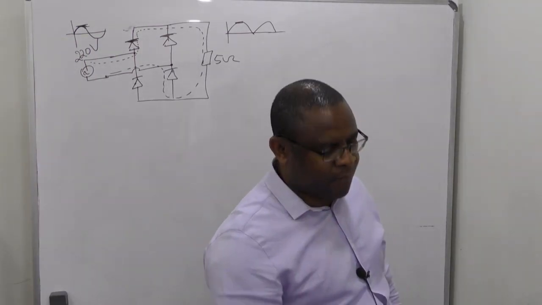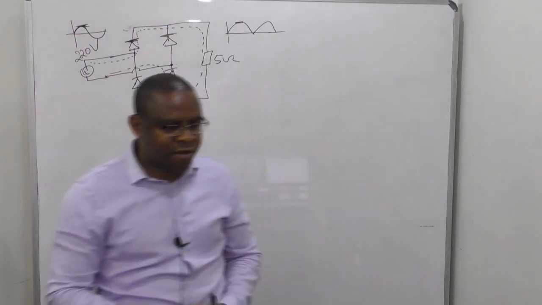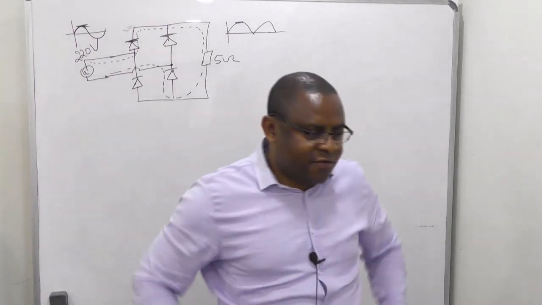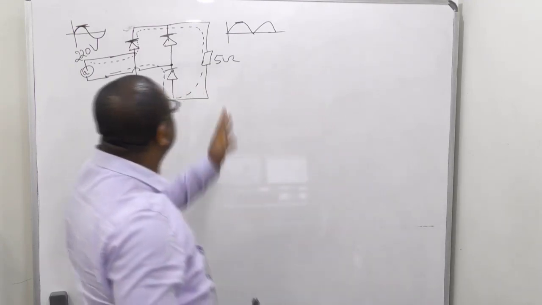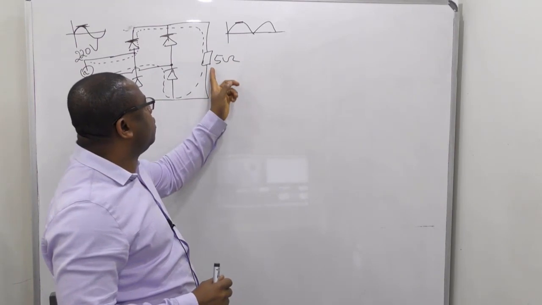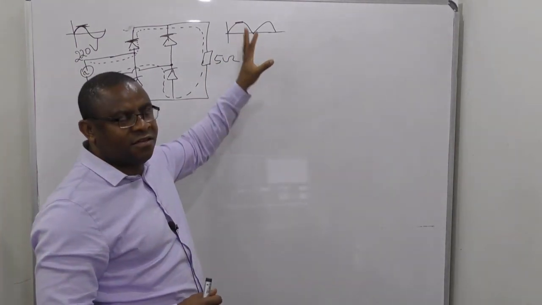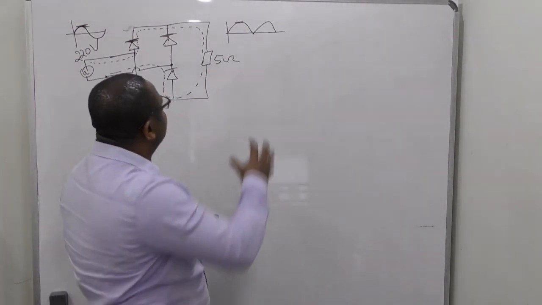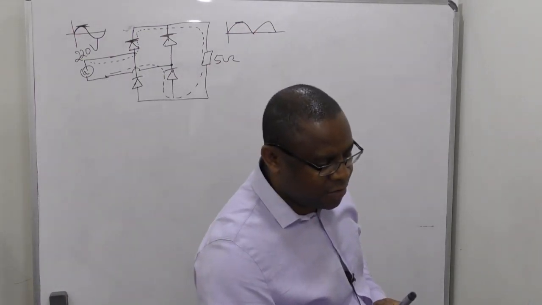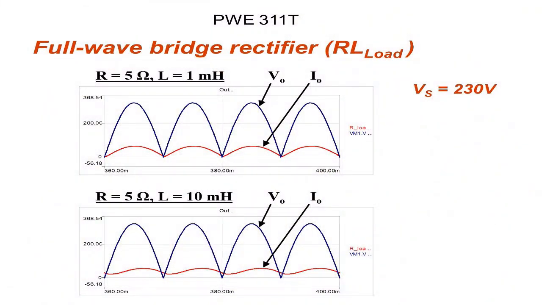Okay, so let's have a look at the characteristics of the waveforms depending on the kind of load. If this is resistive, the voltage will look just normal like that.